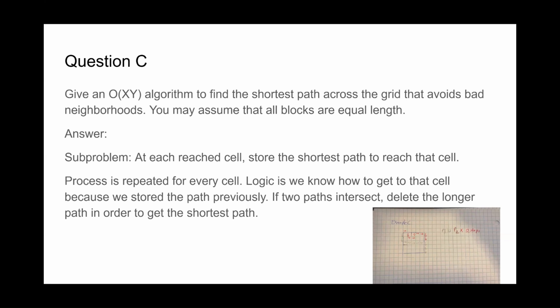You repeat the process until you get to the end. And since you're always storing the path to get to the cell you were just at, it's building off of saved subproblems.